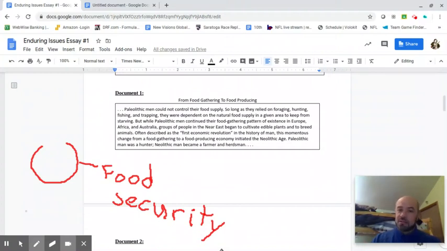We've talked about this a lot in class, especially at the beginning of the year. If you do not have food security, if you're hungry, right, and you're worried about starvation and dying, and it could be caused by drought or just a lack of actual food available, society doesn't grow so fast like that, right? People are worried about feeding themselves. They're not worried about advancing society in other ways.